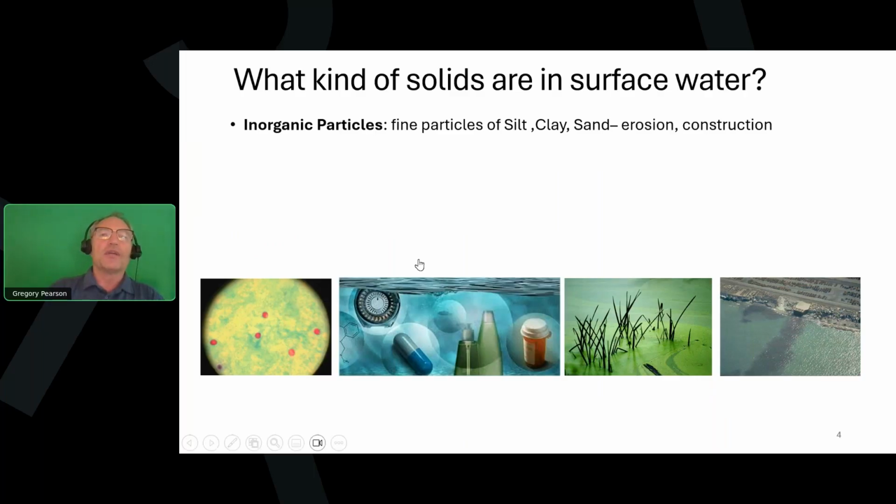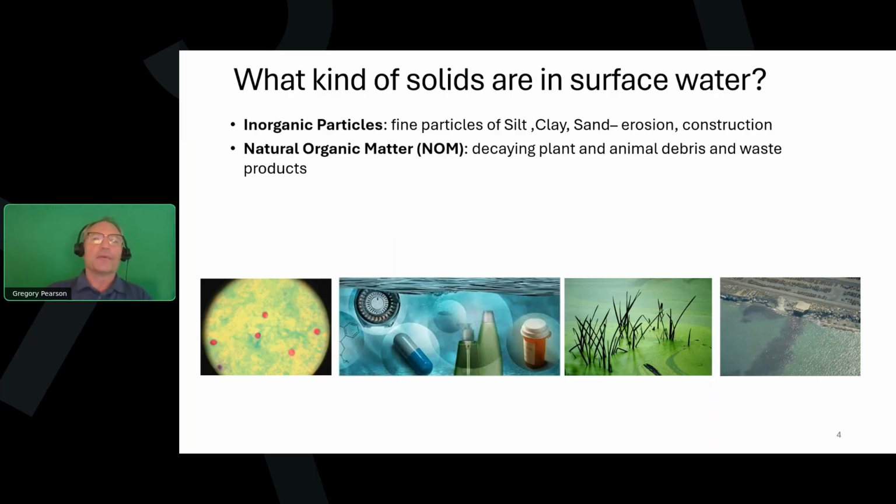If we want to delve down a little bit more into what kinds of solids are in surface water, there's a variety of types of particles. Of course, there's inorganic particles like silt and sand and clay from erosion.